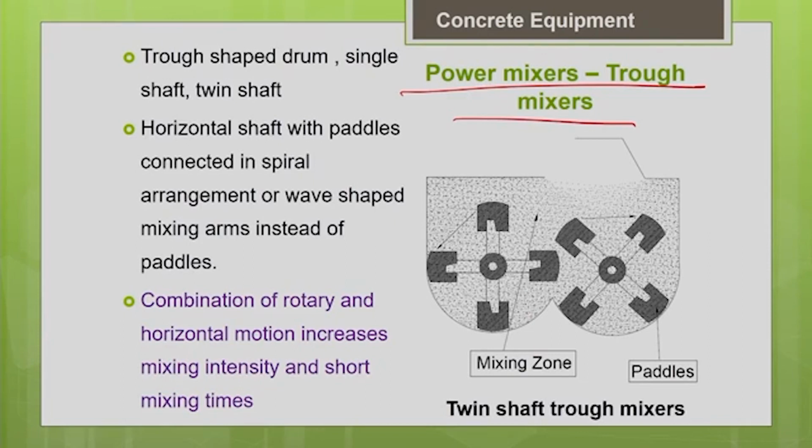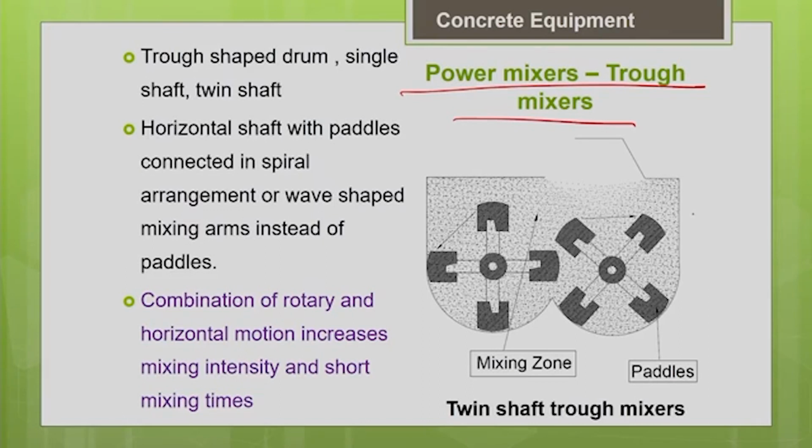The other advantage of trough mixers is that different types of motions are possible, not only the rotary motion but also the horizontal motion. Rotary and horizontal motion result in a better intensity of mixing and a homogeneous mix, and the speed is very high.